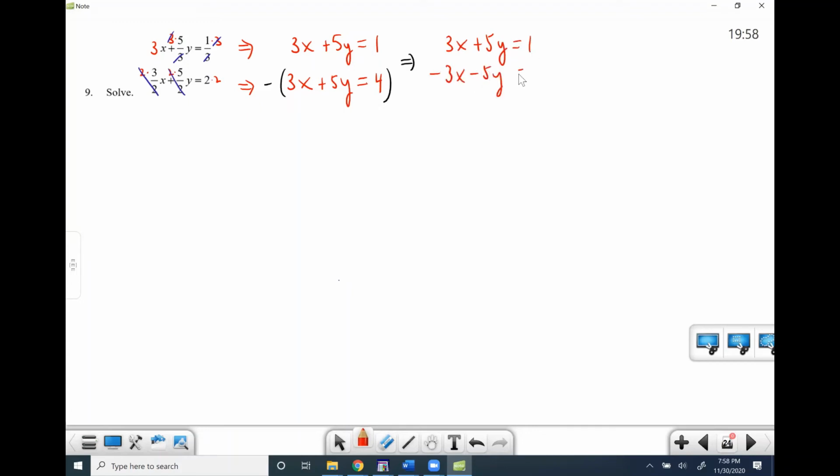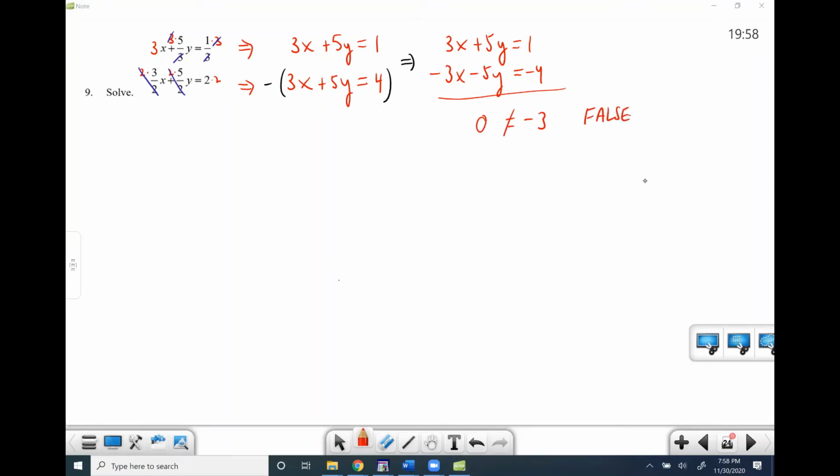Now, how could both of those be correct? So what is that going to get us when we add down? Yeah. 0 equals negative 3? Okay. Good. Well, that's not true, huh? That's a false statement.